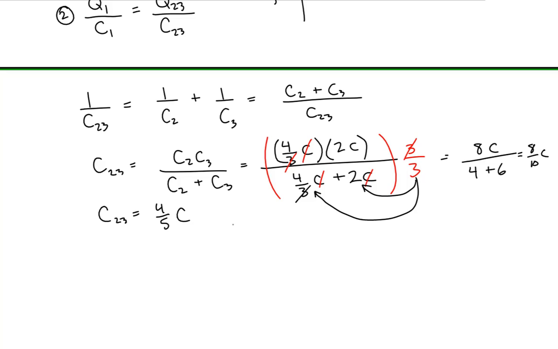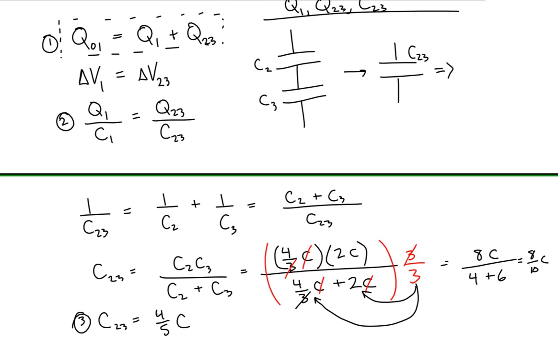So we now found the equivalent capacitance for capacitors 2 and 3, if I didn't make a dumb algebraic mistake. So the equivalent capacitance should be 4/5 of the capacitance of capacitor 1. So here is our next equation we can use. And now we have 3 equations.